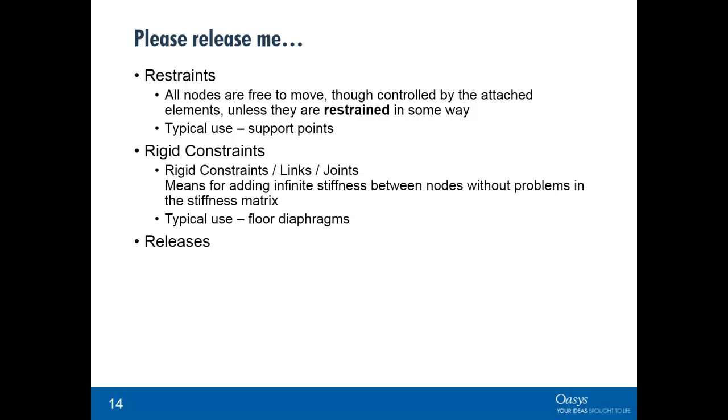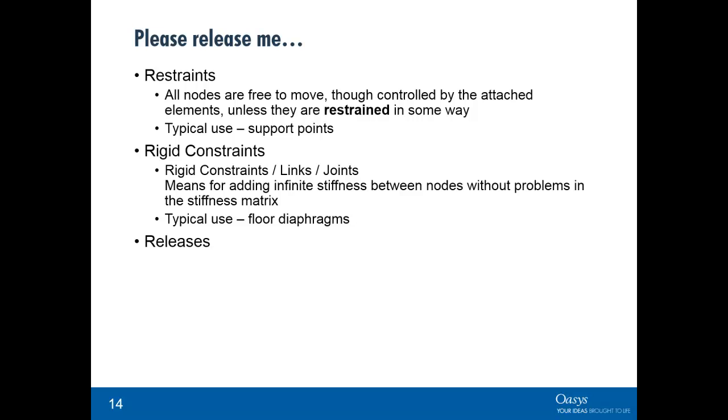Then there are rigid constraints, maybe links, maybe joints, and these add an infinite stiffness between nodes, but without problems in the stiffness matrix, because it's not actually infinite stiffness, it's just making 2 points move together.